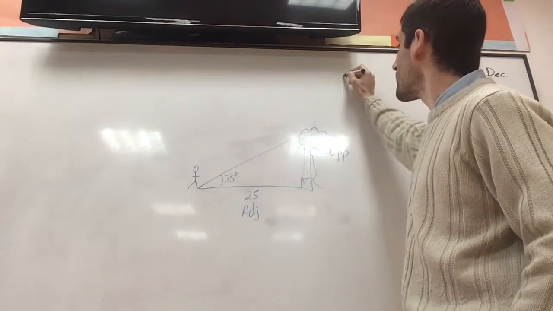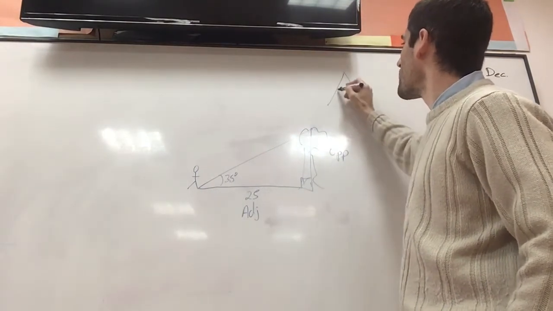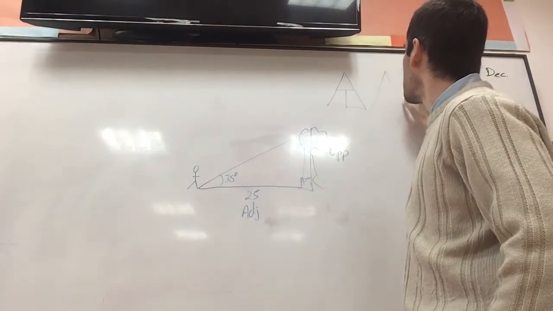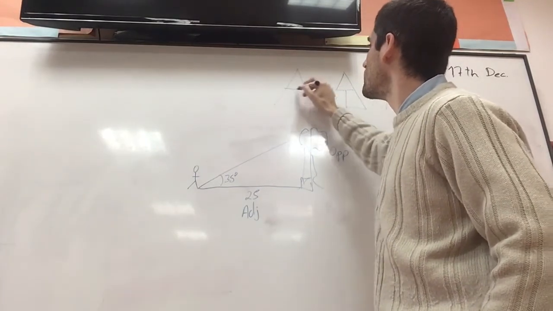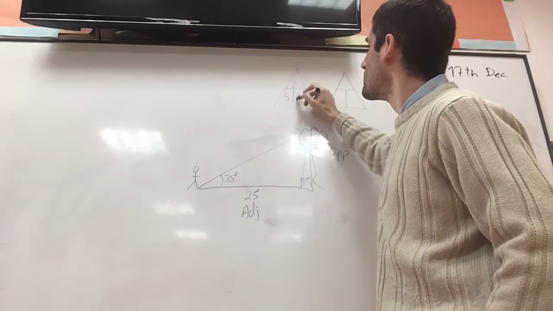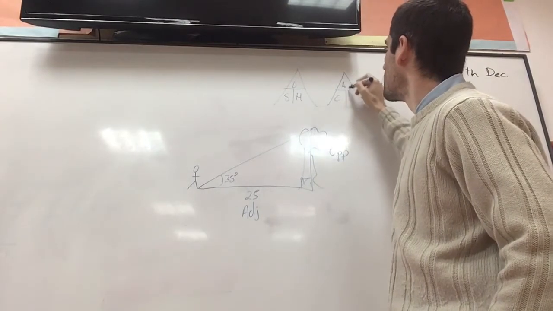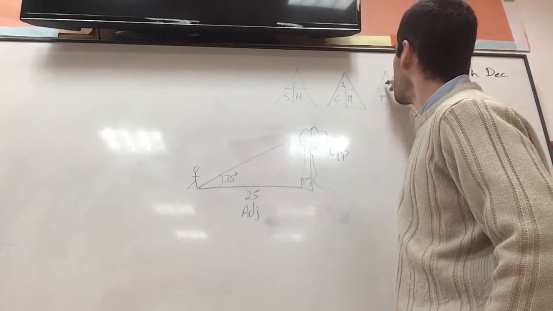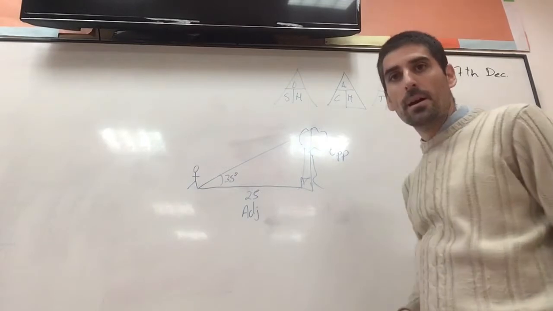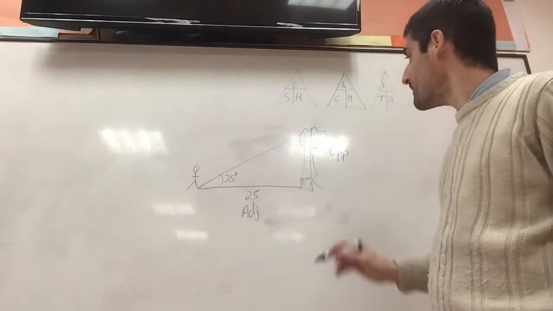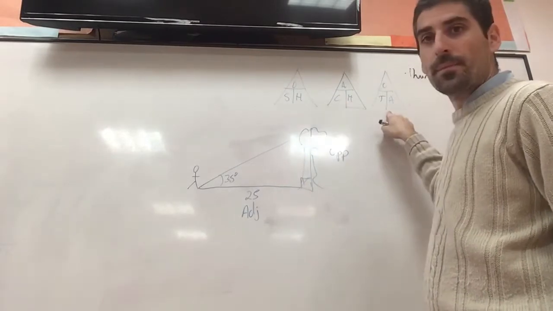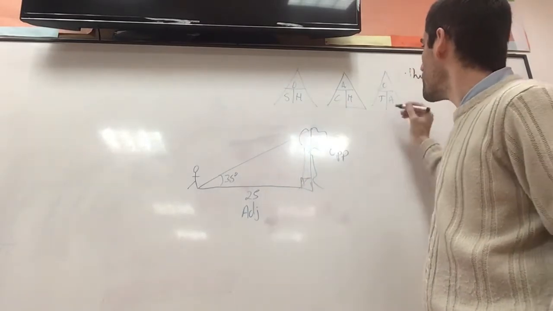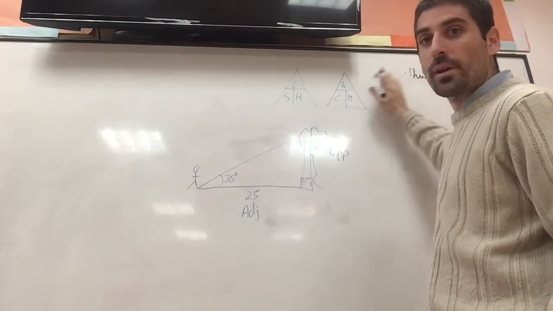I need to get my formula triangles. So your SOHCAHTOA, remember. I'm trying to find the opposite, so it could be that or that. I know the adjacent, which means I need to use this formula triangle here.